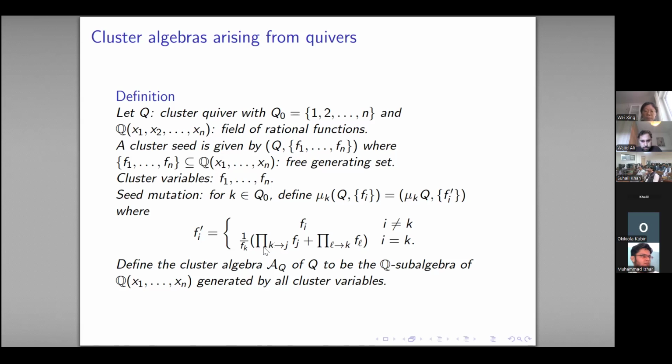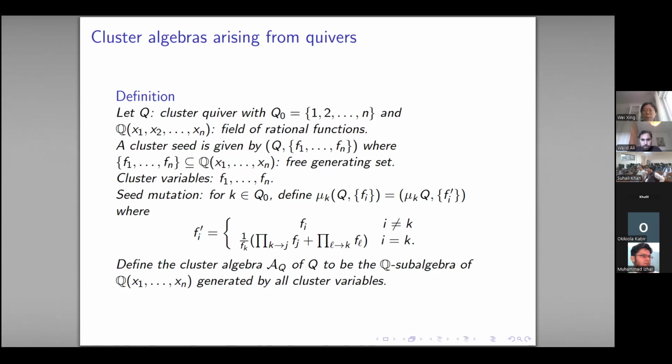And so this is a fraction, which in the numerator is the summation of two products. These products are given by all the Fj's such that there's an arrow from k to j, and all the Fl's where there's an arrow from l to k.